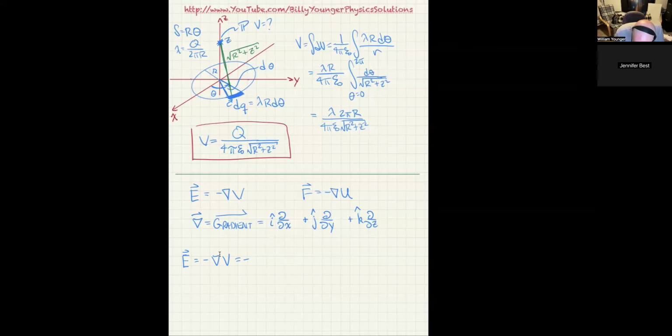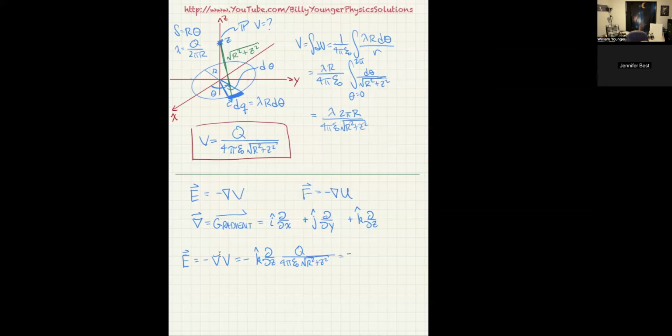So the only part that's really relevant is going to be k hat times the partial with respect to z of q over 4 pi epsilon naught square root of r squared plus z squared, which can be made a lot simpler as follows.